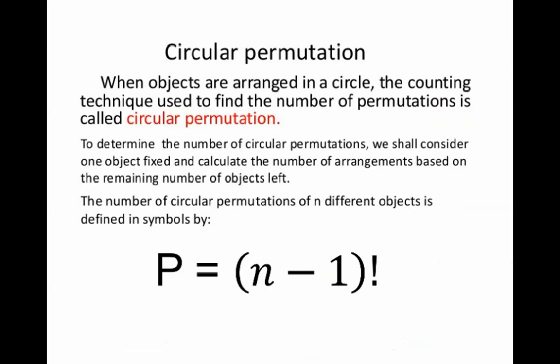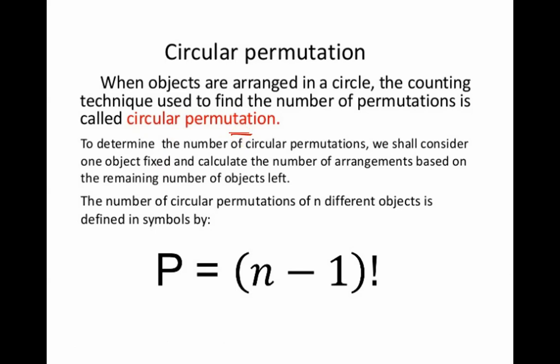Now another type of permutation is when the objects are arranged in a circle. Suppose I have certain people and I want to seat them in a circle, or certain beads and I want to arrange them on a necklace. When objects are arranged in a circle, the counting technique used to find the number of permutations is called circular permutation. Now, how do we find circular permutation?